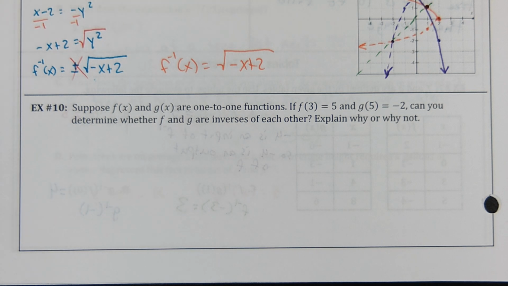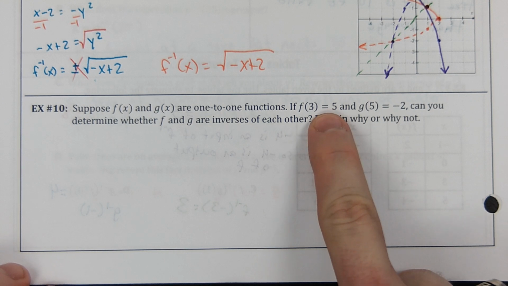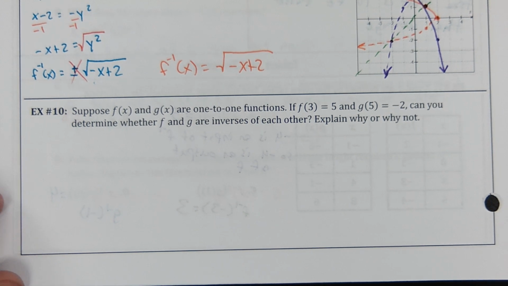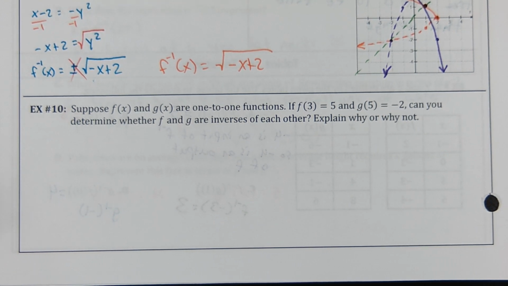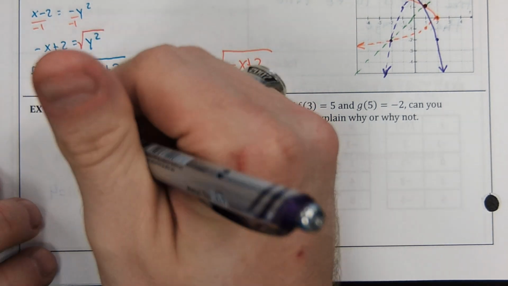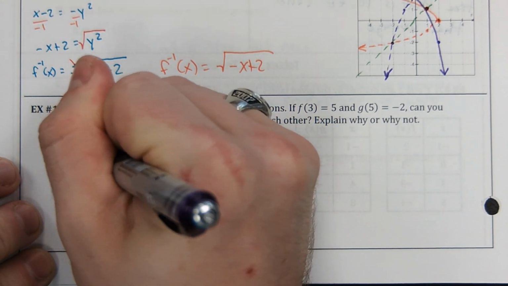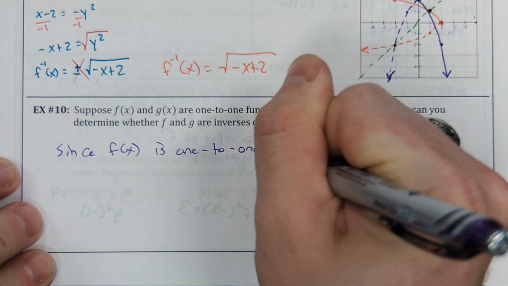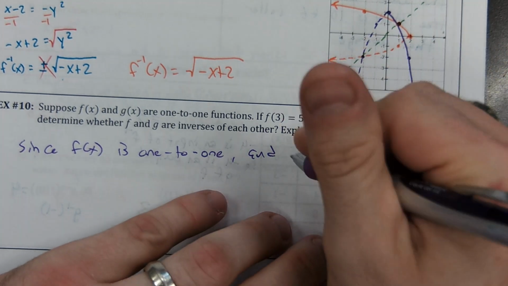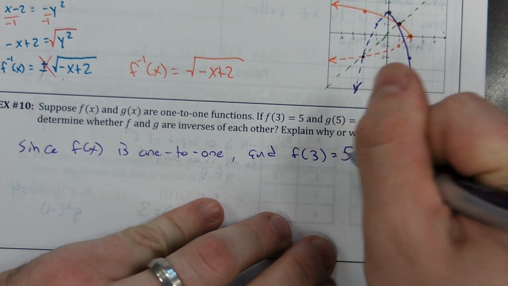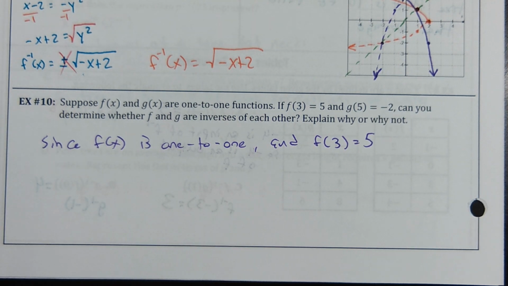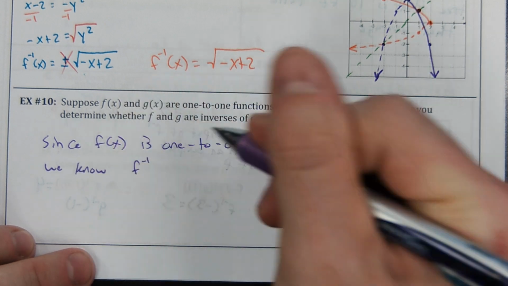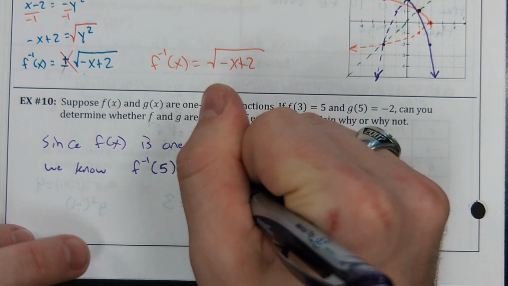Ooh, perfect. So here's what he said. He said f of 3 is 5, but g of 5 isn't 3. You see, if f is 1-to-1, then the inputs and the outputs have to switch. So we say since f of x is 1-to-1 and f of 3 equals 5, we know f inverse of 5 must be 3.